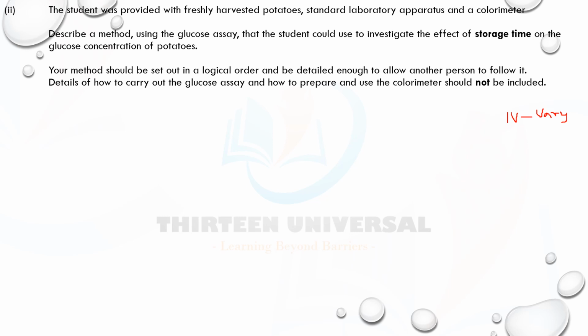Okay, I'm going to choose the first storage time I'm going to use to measure is 2 days after harvesting, and then remember, there must be the same interval. 4 days later, I will determine glucose concentration, so 2 days, 4 days, and then 6 days, and then I have 8 days. Okay, these are storage times, and then the last day I'm going to look at is 10 days. So already planning. These are the values for my independent variable.